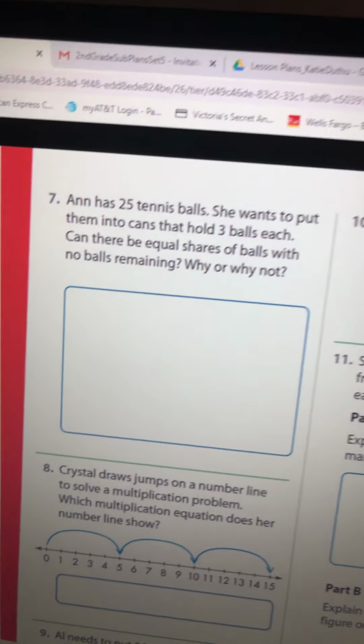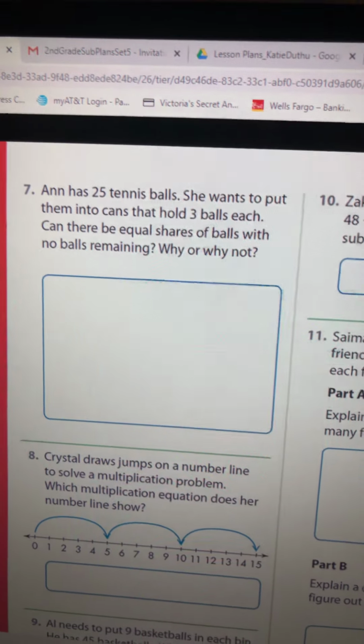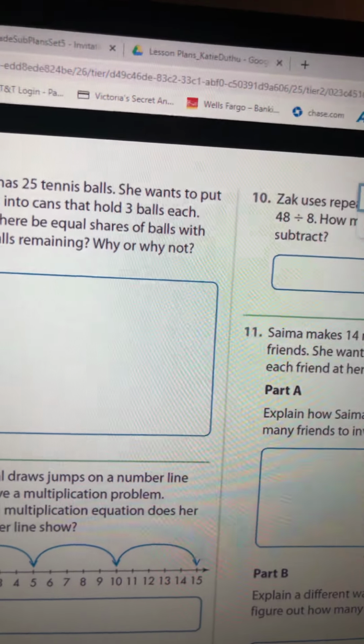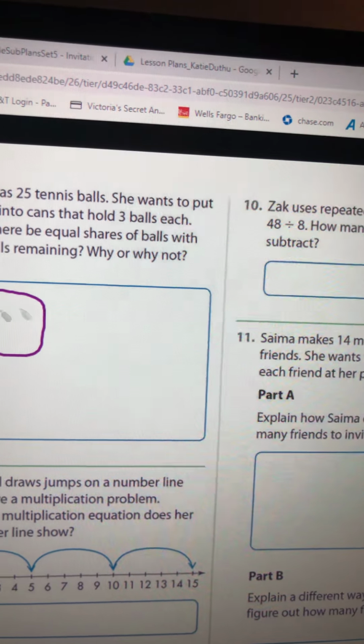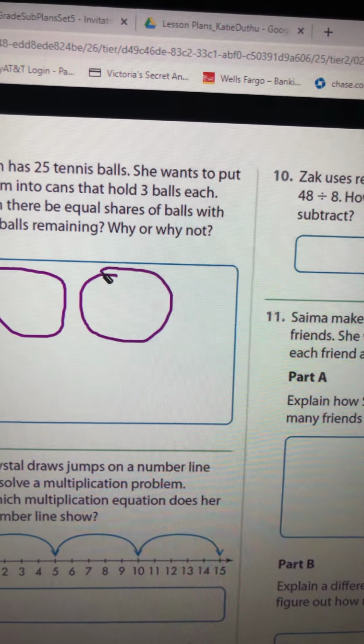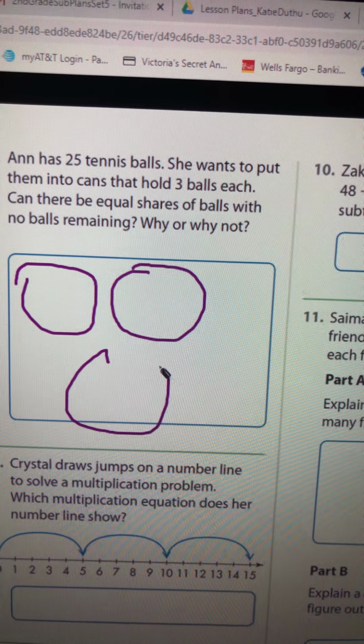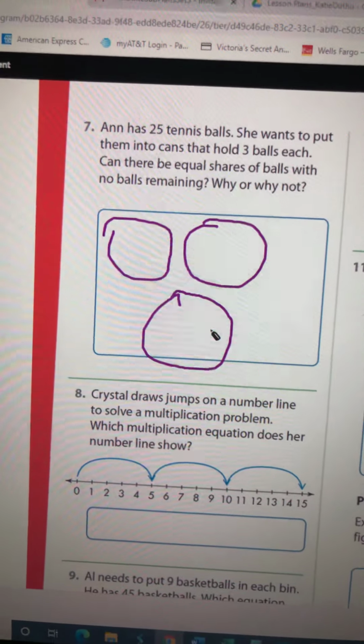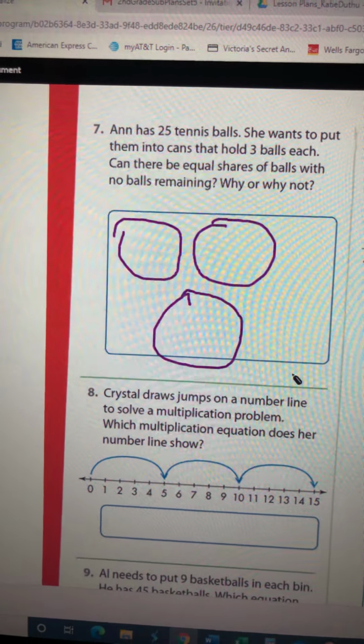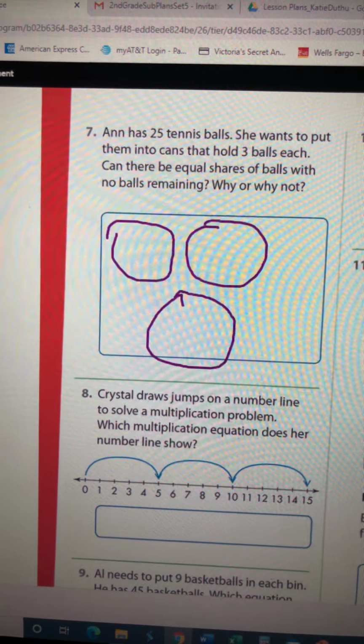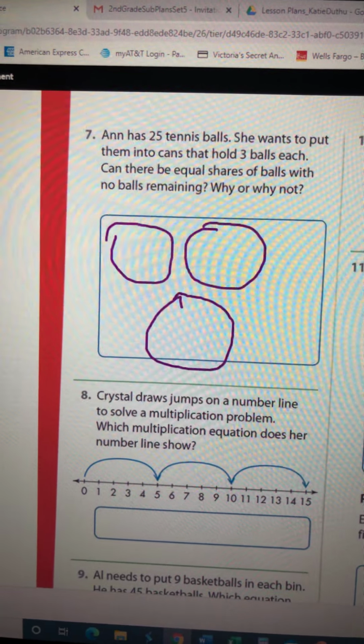Okay. All right. So I'm going to draw my equal groups to figure this out. I'm going to change my color. I love purple. All right. So I'm going to put you here. We're dividing it in three groups, and we're going to put 25, and we want to see if they go in there evenly. Okay? So I'm going to use my little ball stamper. There we go.